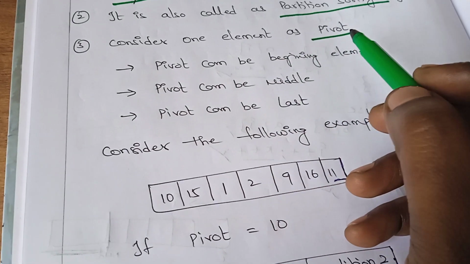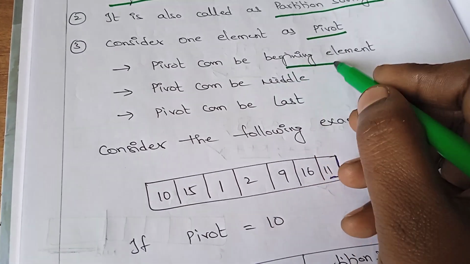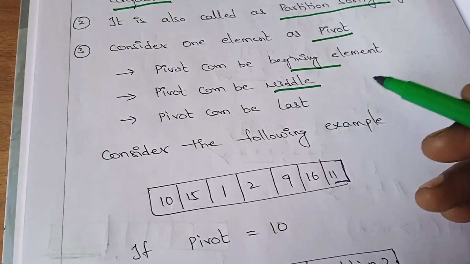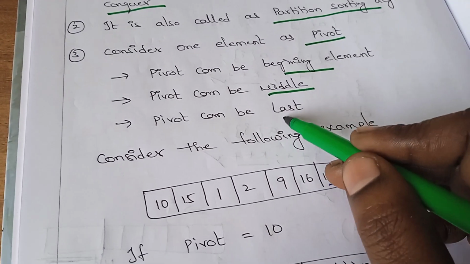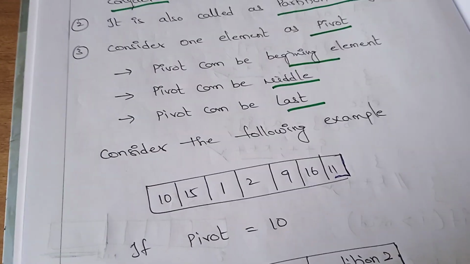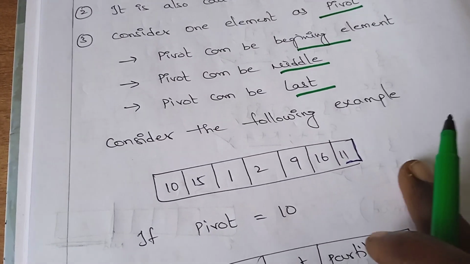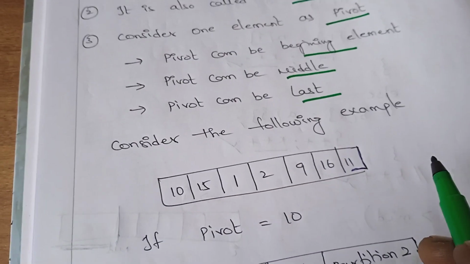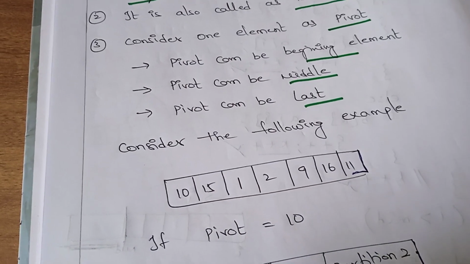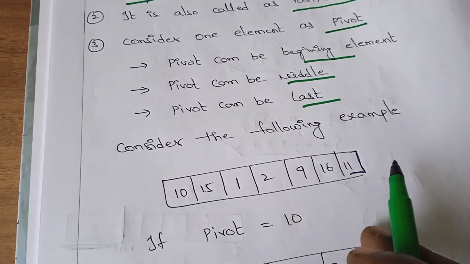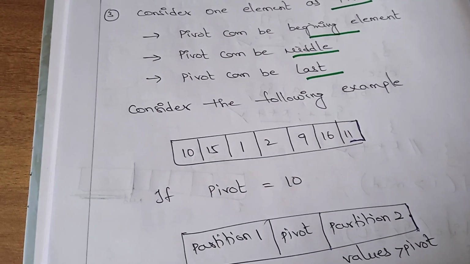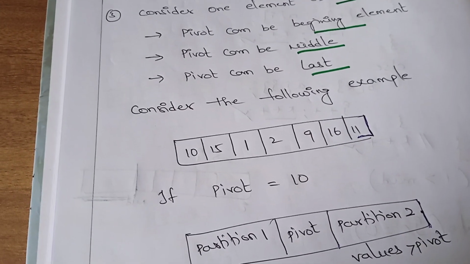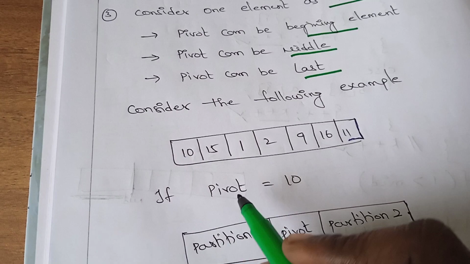Now, this pivot element can be the beginning of the list, or the middle of the list, or the last of the list. You can consider any element as the pivot element. That is the first step in quicksort.